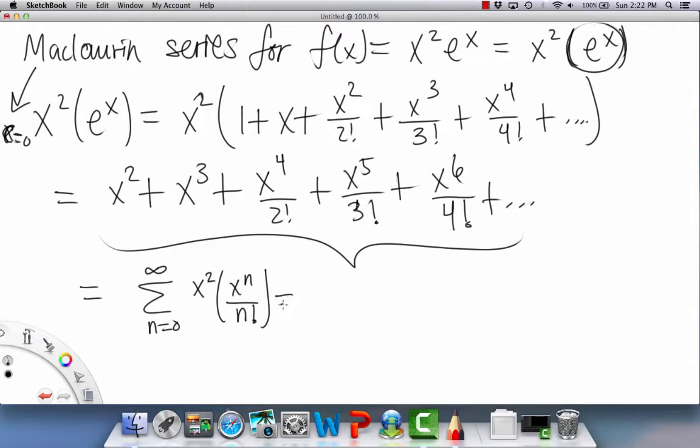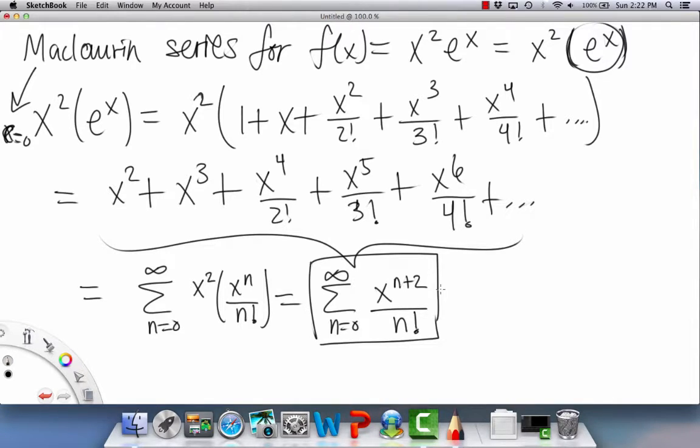Another way to write this is the sum from n equals 0 to infinity, where we just add the exponents: x to the n plus 2 over n factorial. Okay? So that's basically it for that problem. And now we'll move on to something else.